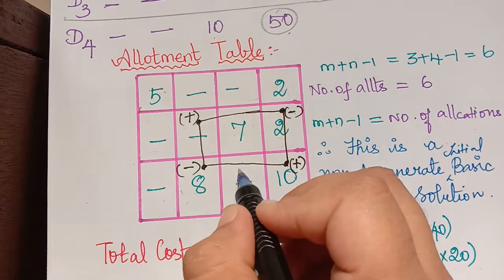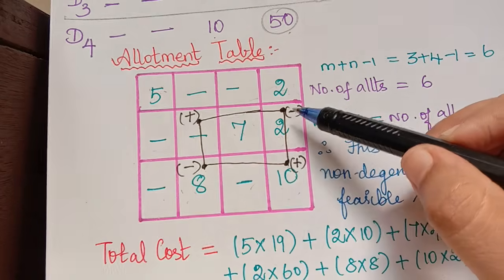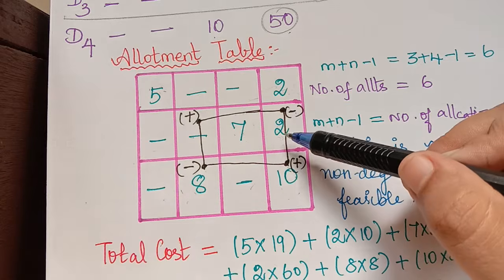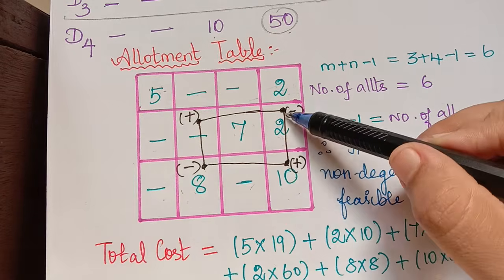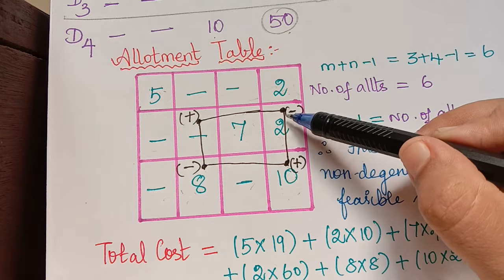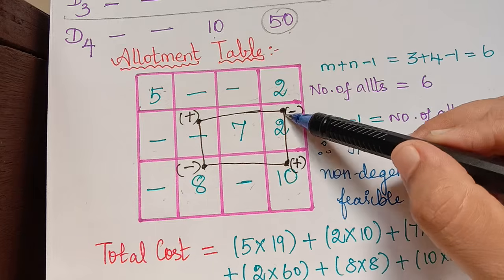Now how we are going to do that is, out of the marked positions, we have to choose the least value. Here it is 8, 10 and 2. Out of these three values, 2 is the least value. So this value we have to choose.